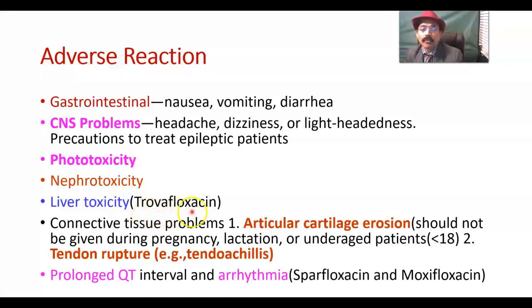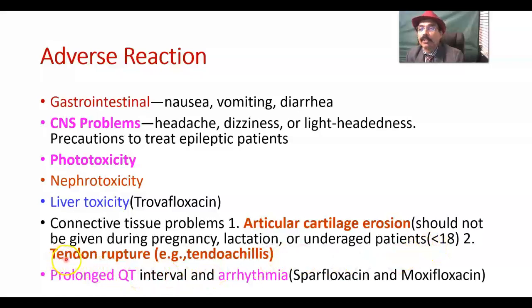fluoroquinolone trovafloxacin. Connective tissue problems with all types of fluoroquinolone may cause articular cartilage erosion, so it should not be given during pregnancy. It may lead to arthropathy. It should not be given in pregnancy, to a lactating mom, or to a child under the age of 18.